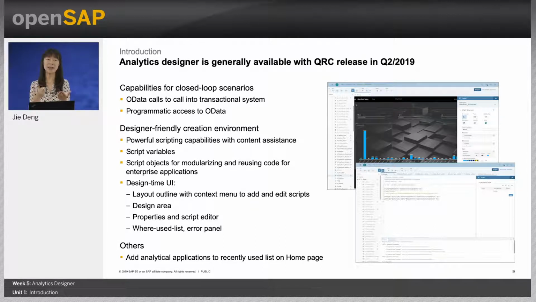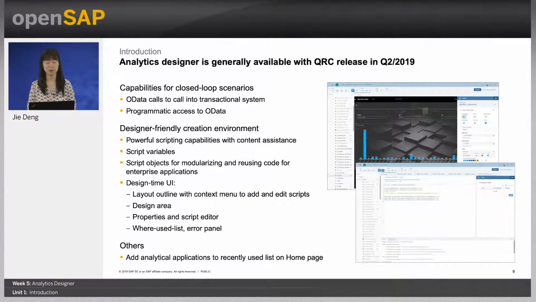This information can be retrieved as a JSON string, and then I can use it in my dashboard. So that's programmatic access to OData. Here you have much more flexibility with Analytics Designer, from starting to analyze an issue to taking an action, all in a closed loop scenario.